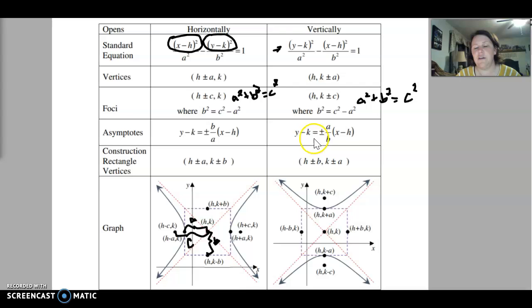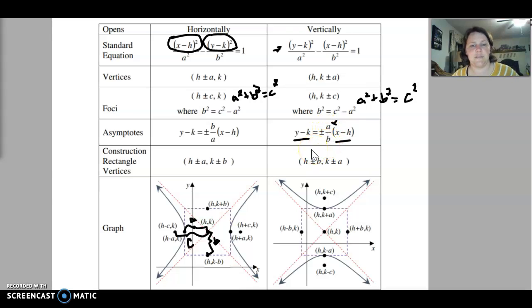And then for your asymptotes, there's that y minus k again, that x minus h. Pull those directly from your equation if you're given the equation. And then the plus or minus a over b. Again, just the value that's underneath the y term. So in this case, since it's vertical, the y term is first, and so a is under the y term, and b is under the x term. So this time it's a over b.